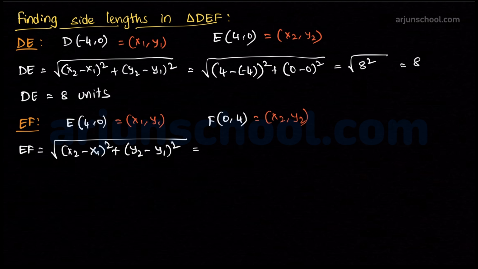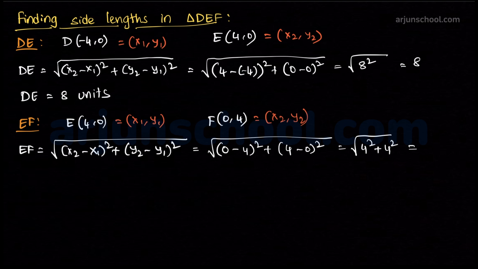Root over (0 minus 4) whole square plus (4 minus 0) whole square. That is equal to root over 4 square plus 4 square, root over 2 times 4 square. 4 can be brought outside and it becomes 4 times root 2. Therefore, length of the side EF is 4 times root 2 units.